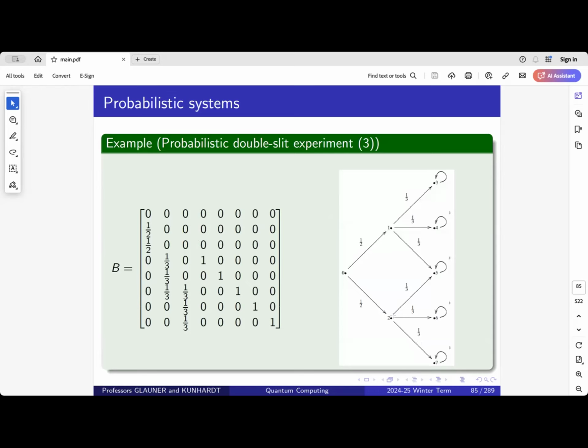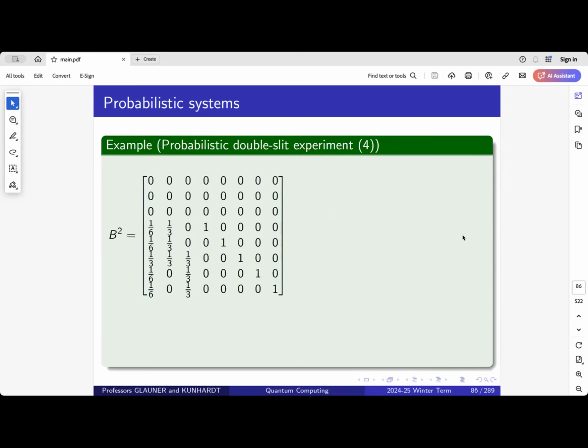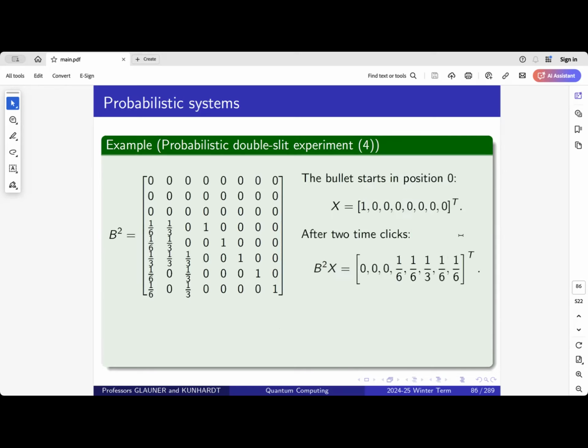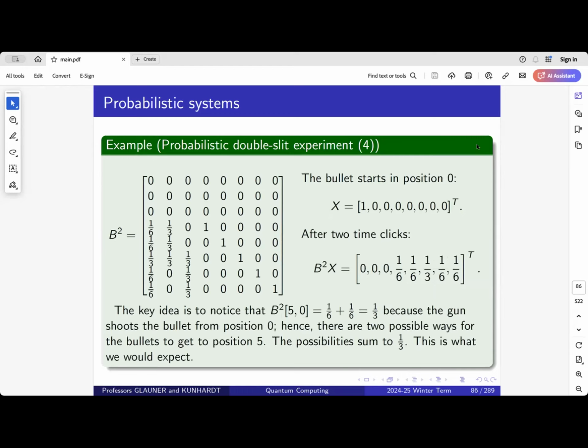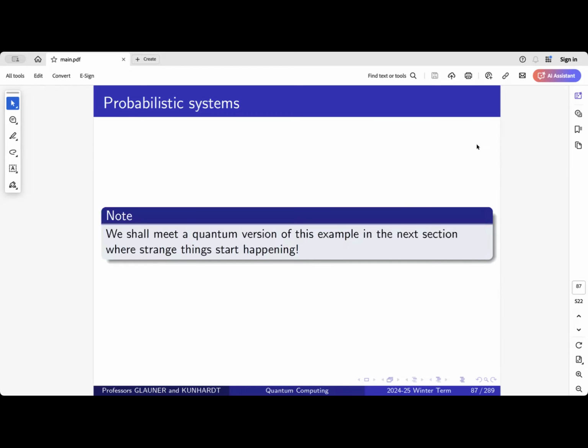But since there are 2 ways to get into 5, from 1 and 2, there's actually the double chance that we are in this position when we run the experiment from a probabilistic perspective, because of this 1/3 probability which we introduced. Now, we will see a quantum experiment of that sort today as well.